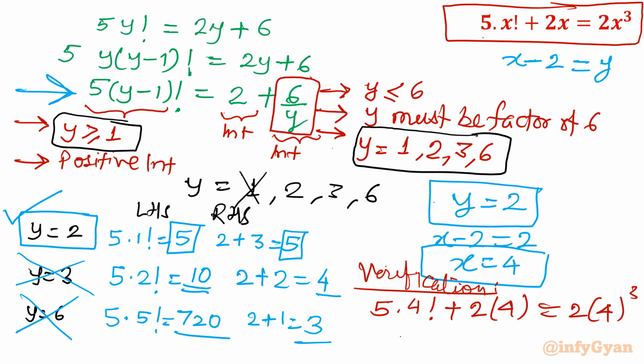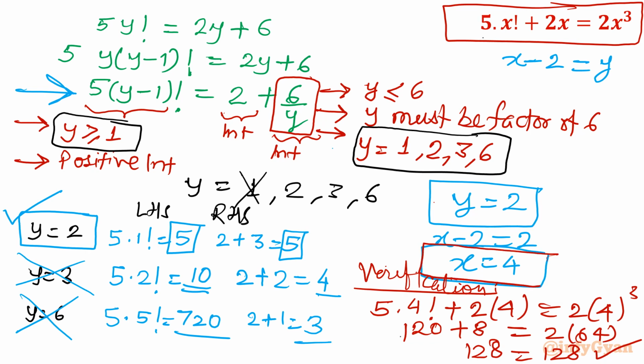Let's verify. 4 factorial is 24. 24 times 5 is 120, plus 8. And the RHS, 2 times 4 cubed, is 128. So the left hand side is 128. The RHS is also 128. That means it is verified. So our solution is accepted, which is x is equal to 4.